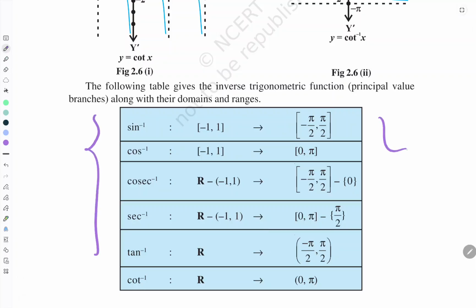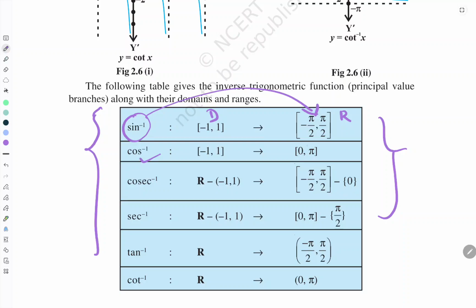And also remember this table to find the answer very easily. This is domain, this is range. Sine inverse range is closed minus pi by 2 comma pi by 2.